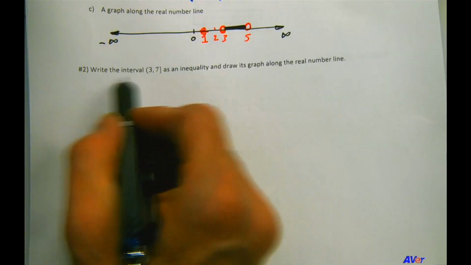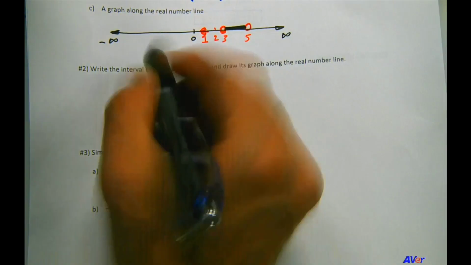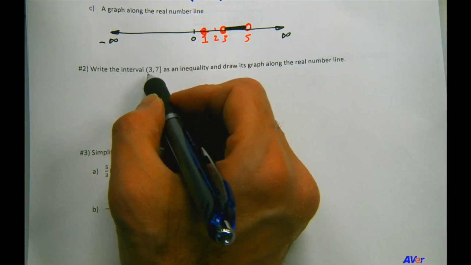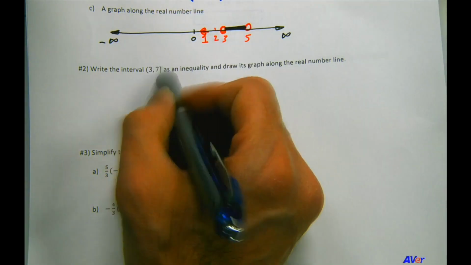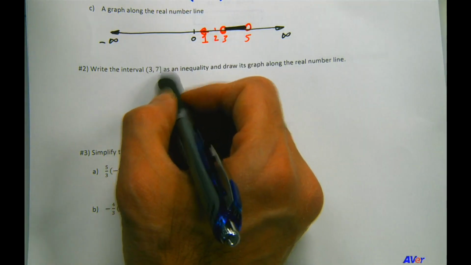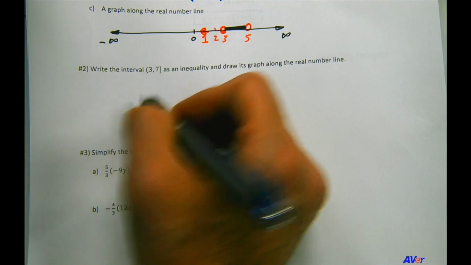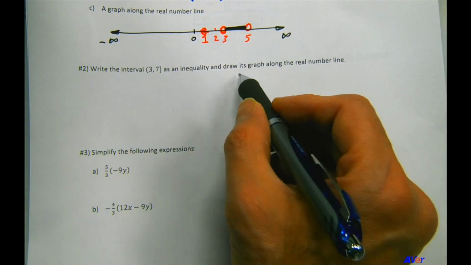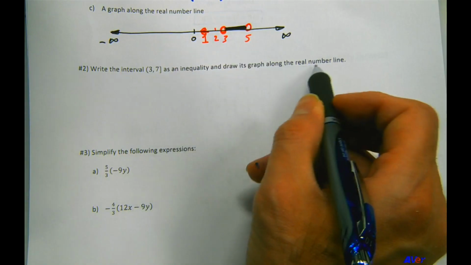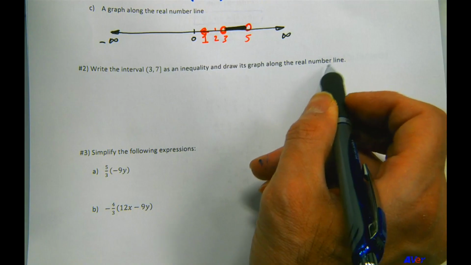This one says, write the interval. Notice that in this interval, 3 is excluded from the solution because it's got a parenthesis next to it. 7 is included because it's got a bracket next to it. So write the interval 3, 7 as an inequality and draw its graph along the real number line.